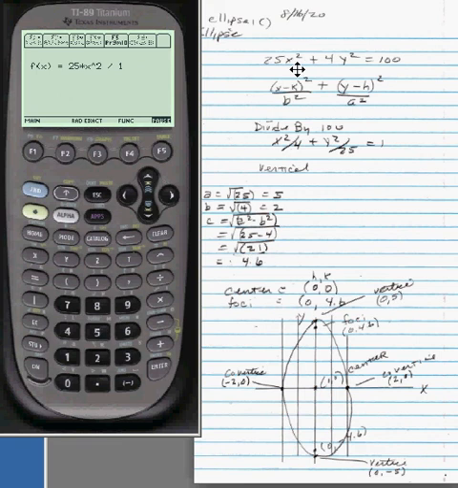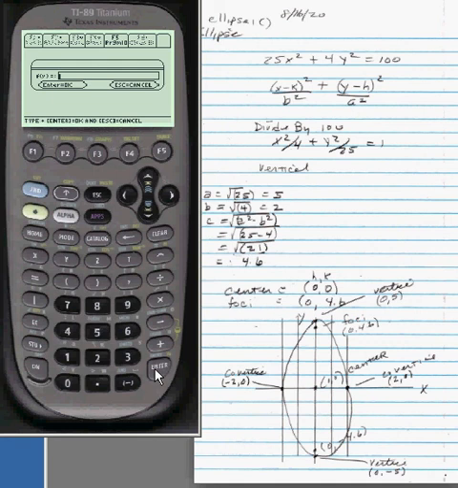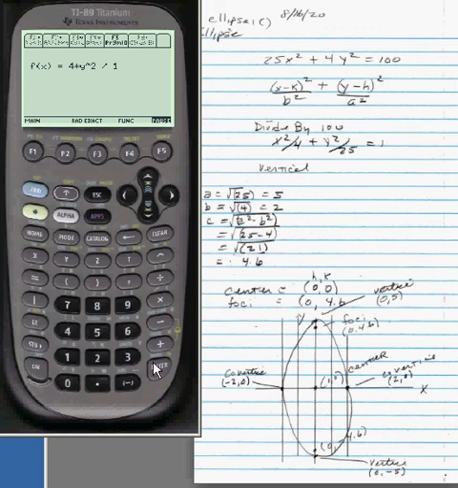So here's 25x squared over 1. You can change it if you made a mistake. I say it's okay. Second term with the y value. And that turns out to be 4y squared over 1. I say that's okay. Does the equation equal 1? No, it doesn't.